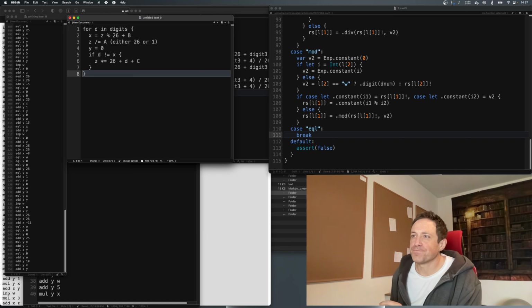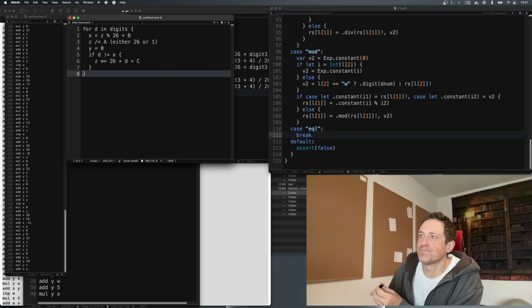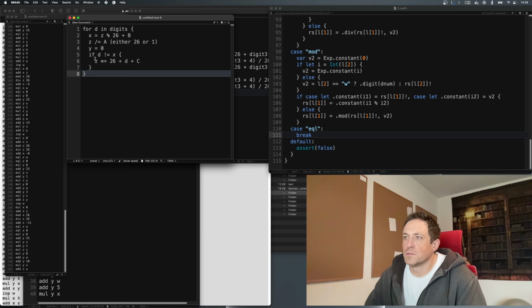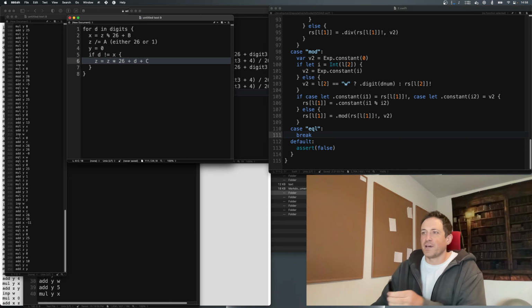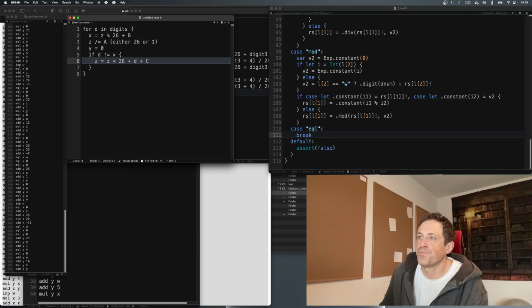So for every digit... oh no, oh, this was Z equals Z times 26 plus D plus C. Let's not get confused about that, because that would be a disaster. Times 26 plus D plus C digit.